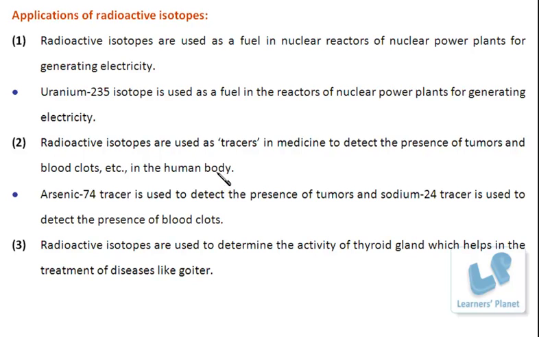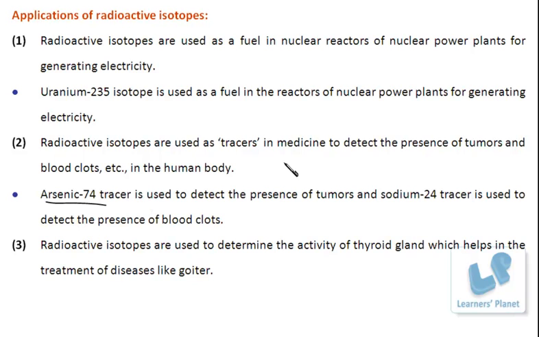See, these isotopes emit radiations. If a small amount of it is given to the patient, that small amount can be detected throughout the body with the help of the radiation, wherever it moves with the blood flow. Say an arsenic-74 tracer.